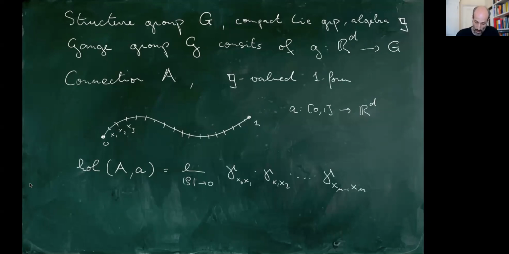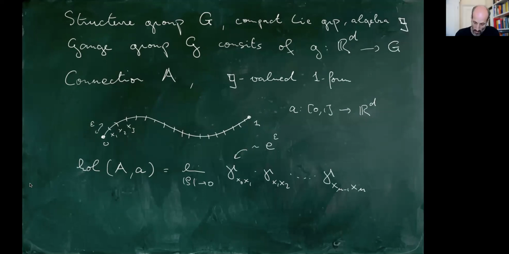But now each of these gammas is really some e to the epsilon, where epsilon would be the distance between successive points, right?